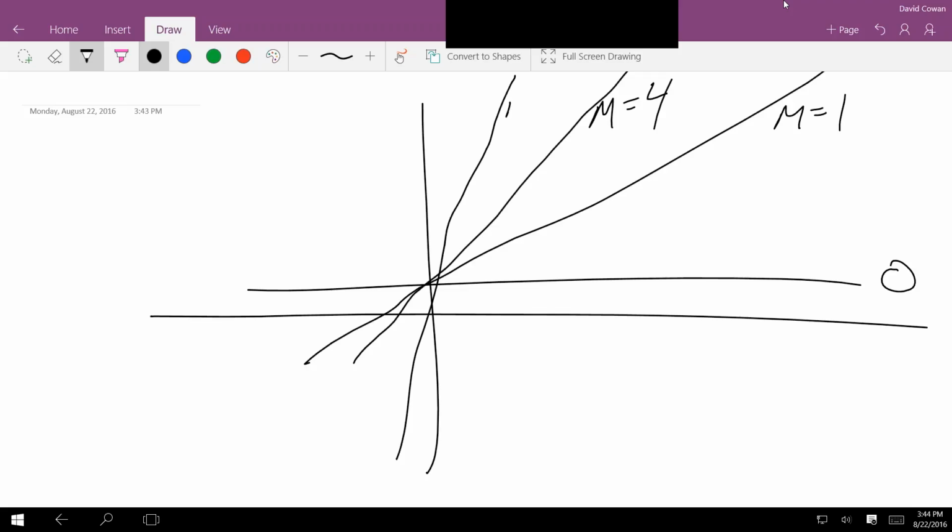That slope is 10. What do you suppose a vertical line is? If everything you see here is true, in other words, the slope of the 45-degree line is 1. The slope of the steeper line is 4. The slope of the steeper line still is 10. Well, what might be that slope right there?